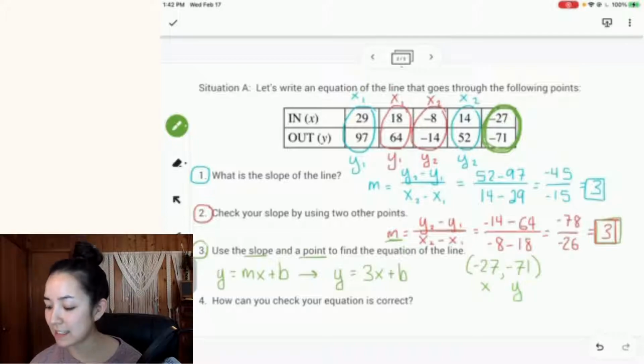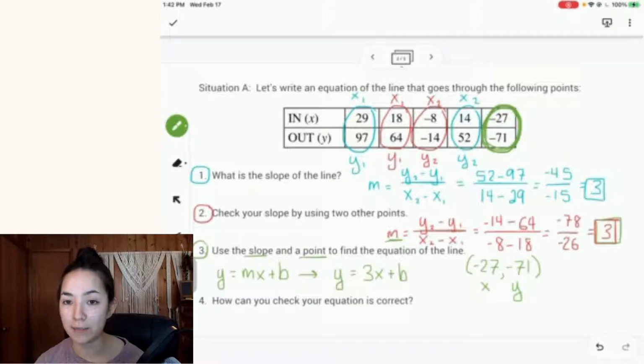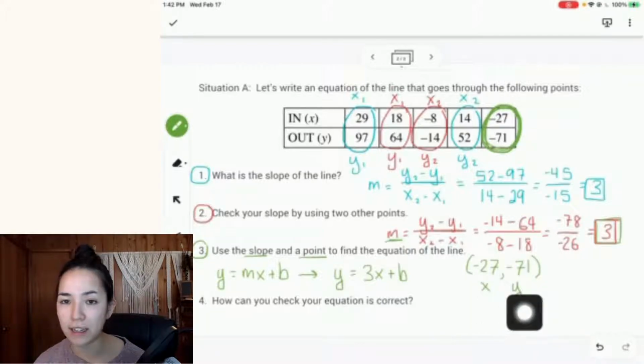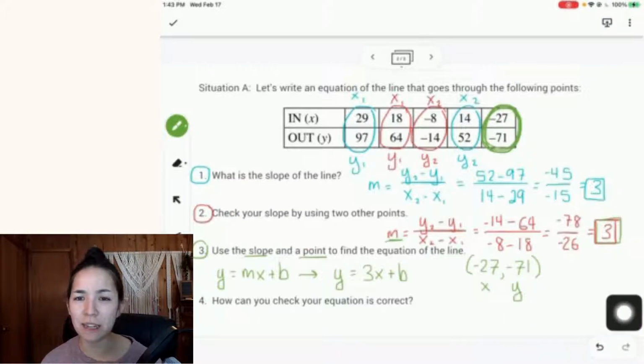That is our x and our y. So in order for this equation to match these points of our lines, we need to be able to plug in this x, negative 27, and get negative 71 as our y. We basically need it to be a true statement.